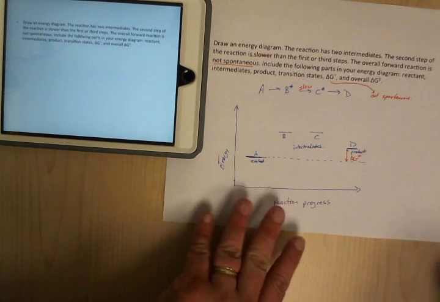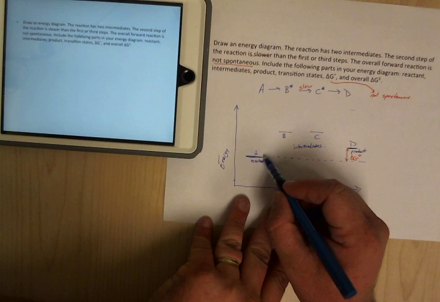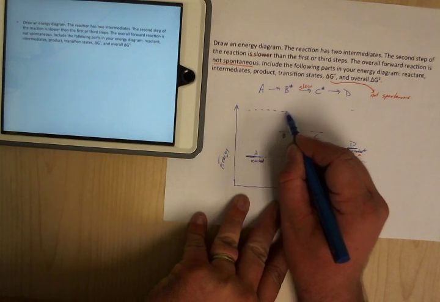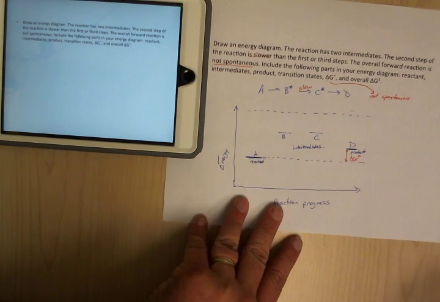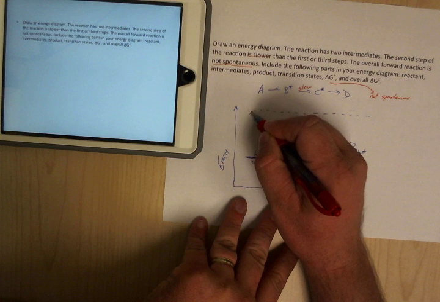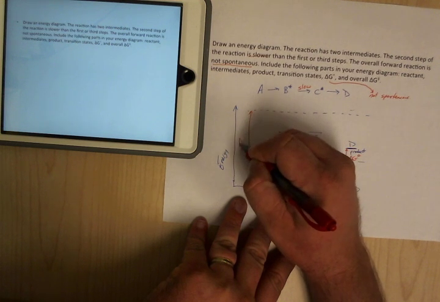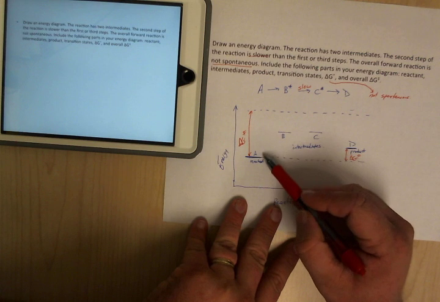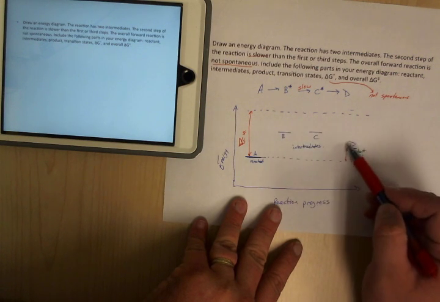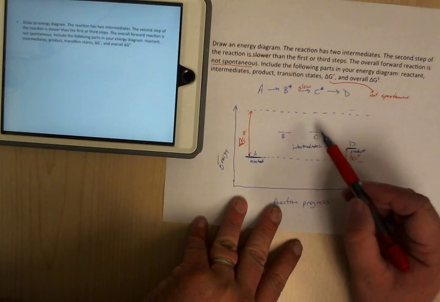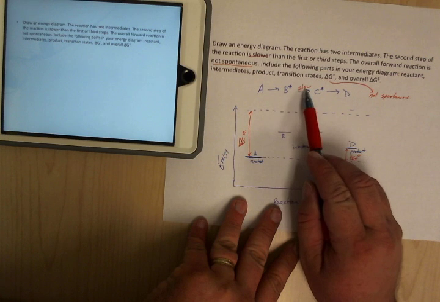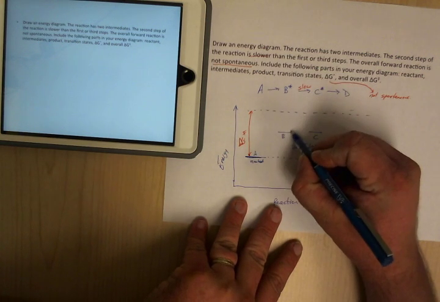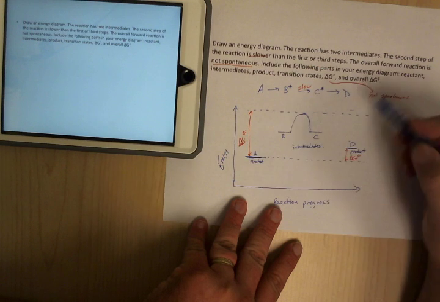The other delta G is again relative to this, but it has to go somewhere up here. Who cares? It's all relative. So this is going to be delta G double dagger. Now, we have transition states, but one of them is going to touch that line. The one that touches is the slow step.